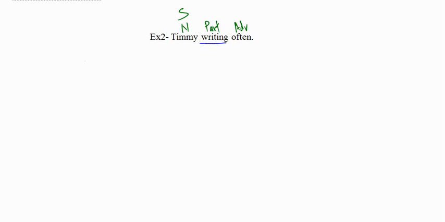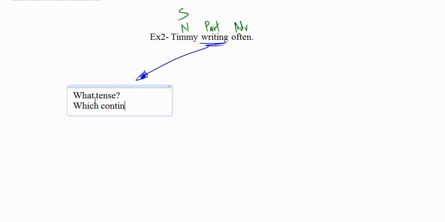And if they respond that, oh, I'm using writing as my verb, then you can go ahead and start asking them some leading questions. The first thing you can ask them is, what tense are you doing? And if they respond, well, I'm doing the continuous tense, you can ask them, well, which continuous tense? At this point, they should realize that they're missing an indicator.